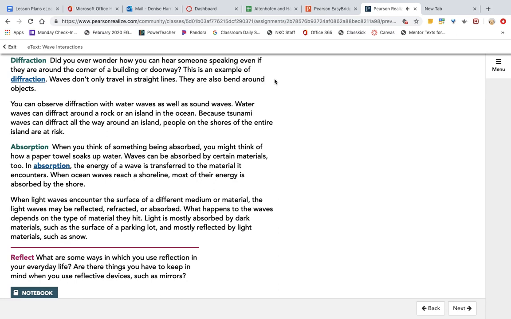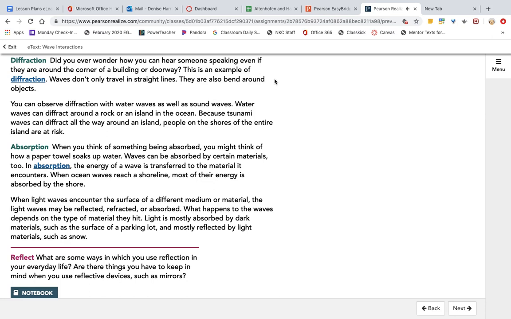When light waves encounter the surface of a different medium or material, the light waves may be reflected, refracted, or absorbed. What happens to the waves depends on the type of material they hit. Light is mostly absorbed by dark materials, such as the surface of a parking lot, and mostly reflected by light materials, such as snow.